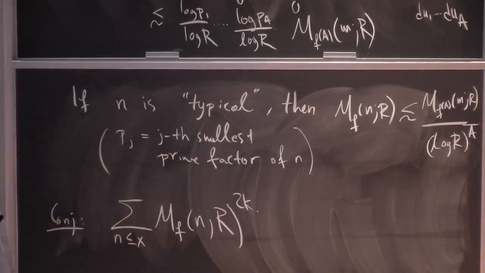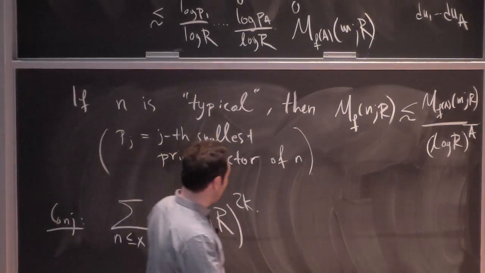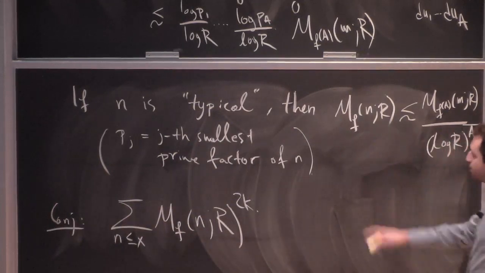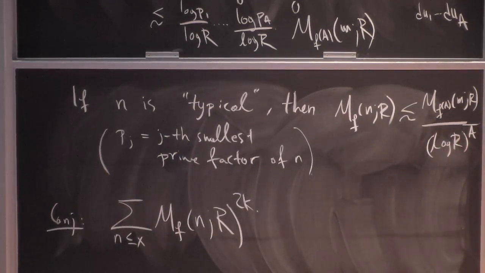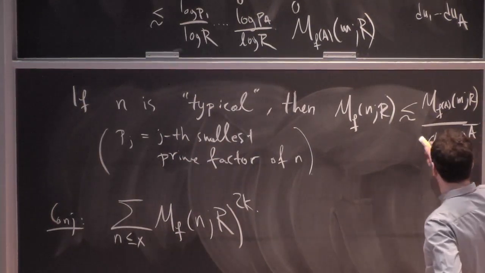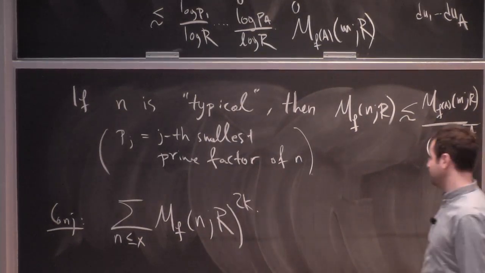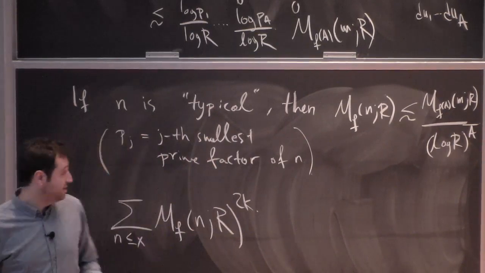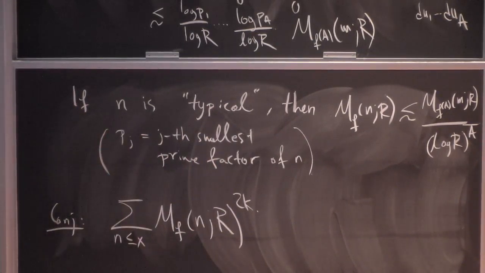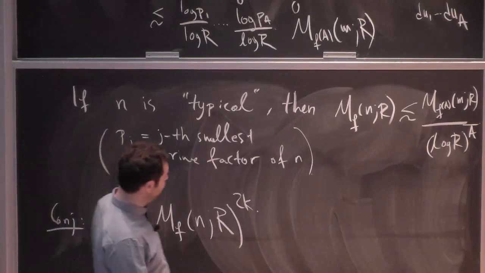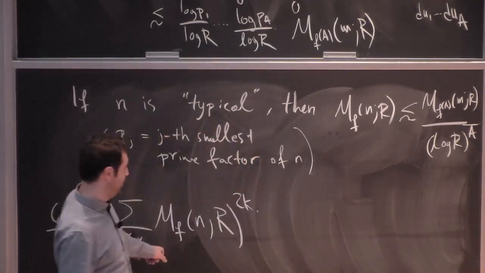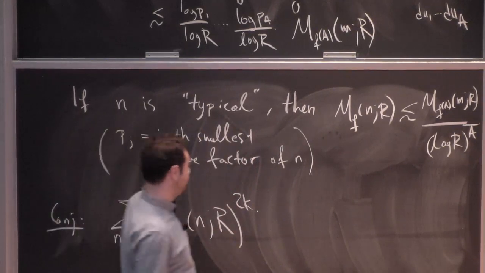So I'm going to take high moments because in order to have abnormally large values of f of nr, you need to have, if you see, a little bit of smoothing is going to already cut some logarithms, and will tell you that the dominant contribution is not coming from typical integers. So if you really want to test whether this kind of heuristic is true, you have to take high moments in order to see high values of f of nr, to pronounce the high values and check that this heuristic is true.